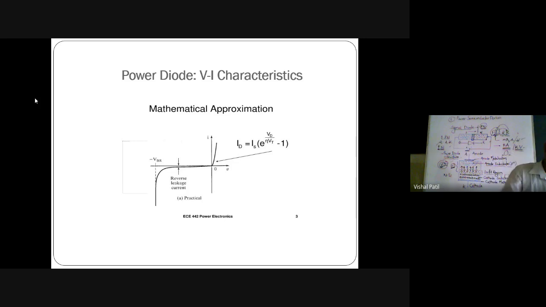So current is on the y-axis and voltage is on the x-axis. That is how we need to understand the relation between voltage and current in the power diode, and we can conclude that the relation is exponential in nature.